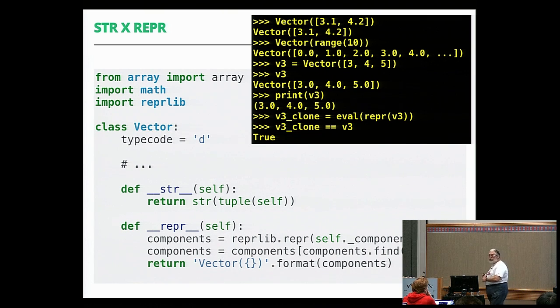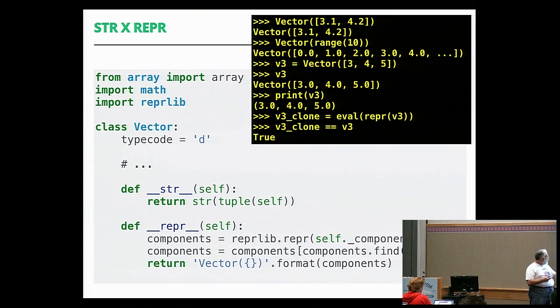Another thing that it handles, which is kind of tricky, is circular structures. Because it's possible in Python, for instance, to have a list that contains a reference to itself. And a naive implementation of the repr for that could fall into an infinite loop. But the reprlib can handle that. It knows when it's displaying the same thing again.